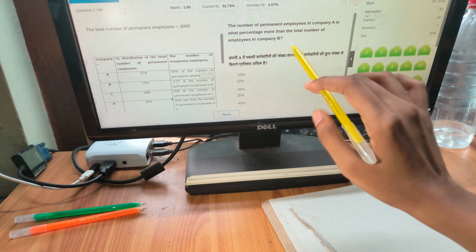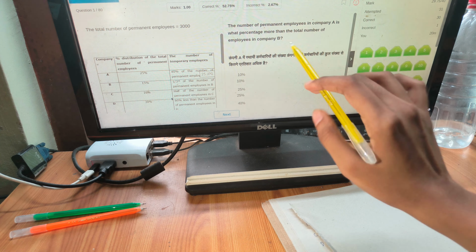So here we need the values of company E and company C. It is asked about the ratio of the number of permanent employees in company E to the number of temporary employees in company C. So I will find out the values accordingly. Here we need permanent employees in company E, which is 14% of the total permanent employees, which will be 420.